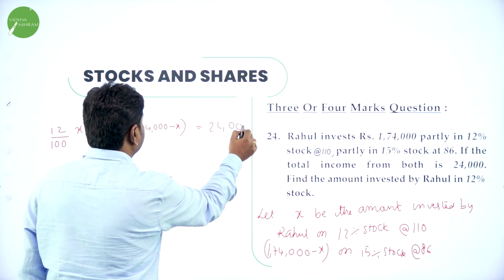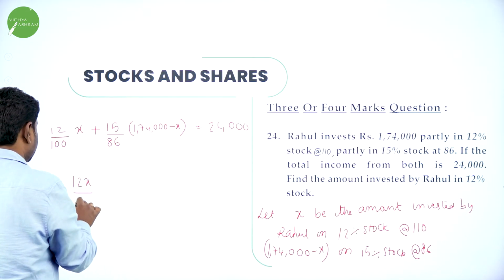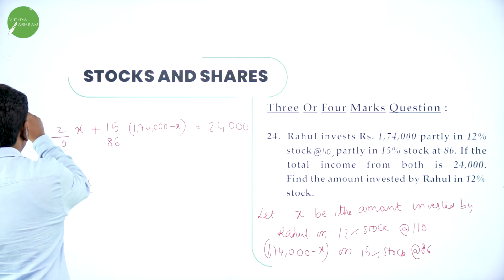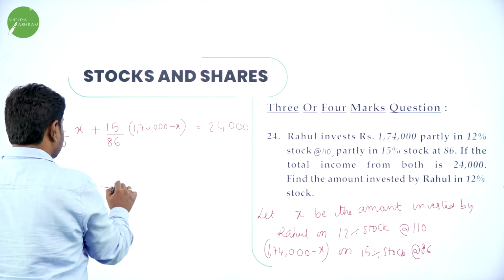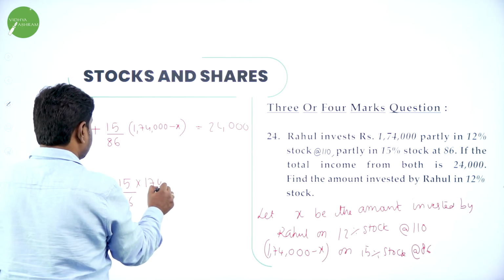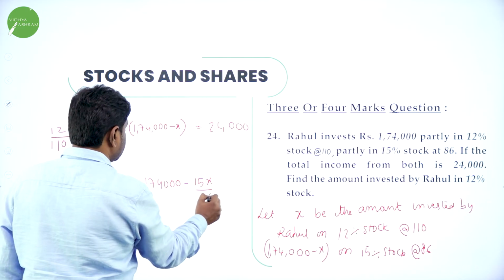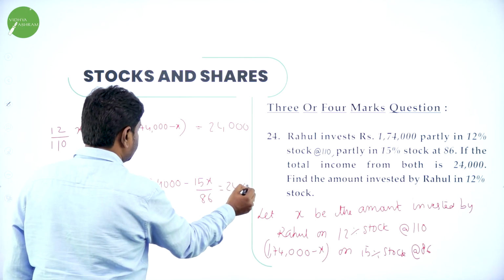Now solve this equation carefully. 12x by 110 plus 15 by 86 into 1,74,000 minus 15x by 86 is equal to 24,000.